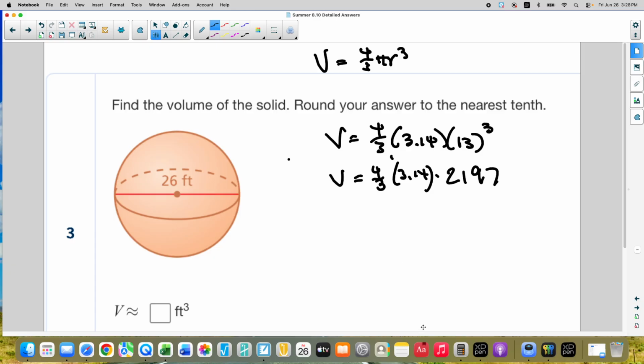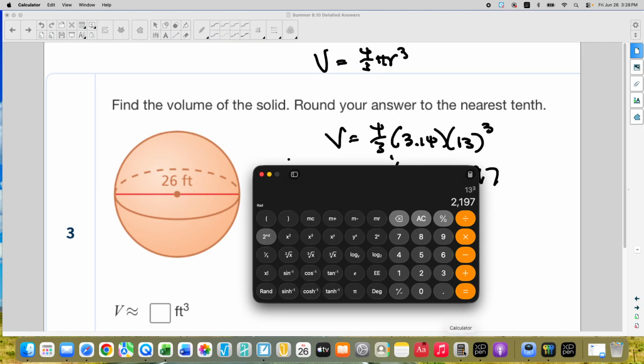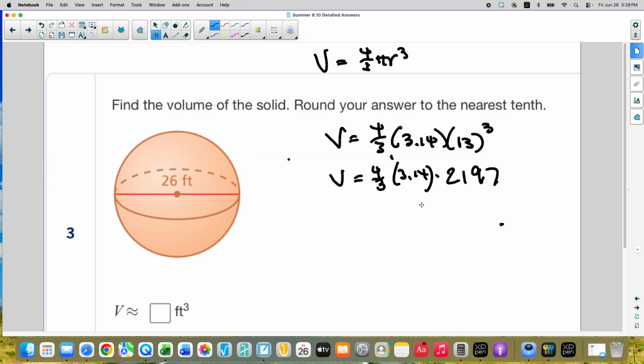So let's do 2197 times 3.14. 68, 98, 58. Ooh, that's an interesting one.